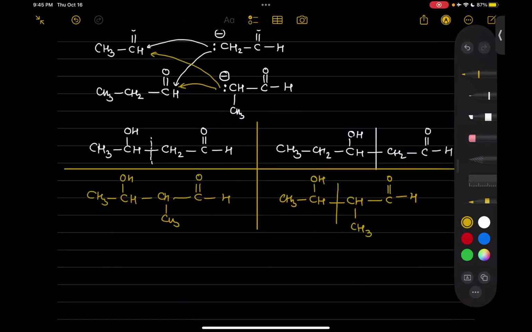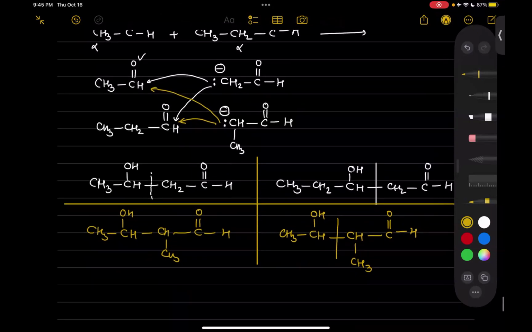Both the yellow products have been written. Got it? Is it clear? I think I made a mistake. Yeah, now it is okay.